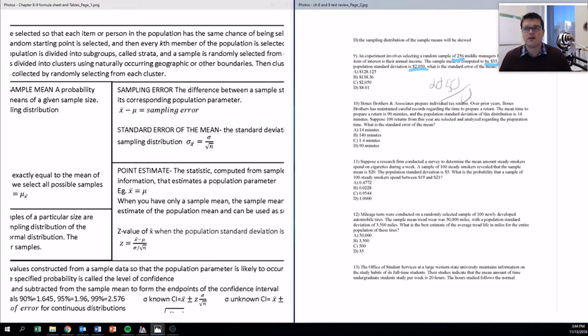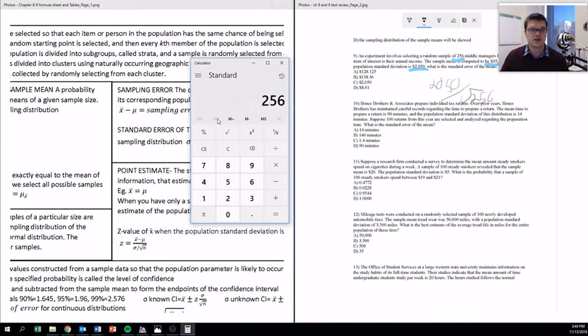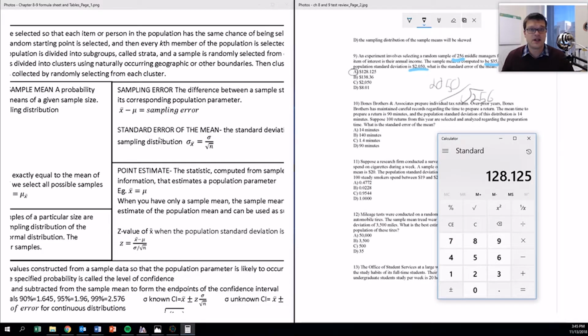The square root of 256 is 16. So we've got 2050 divided by 16, which equals 128.125. So the correct answer is A. When it asks for the standard error, use the standard error of the mean formula.